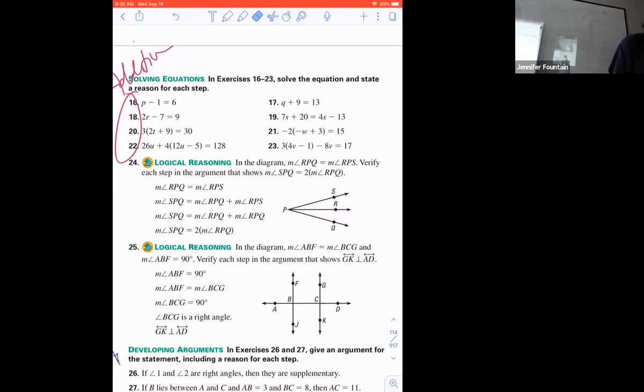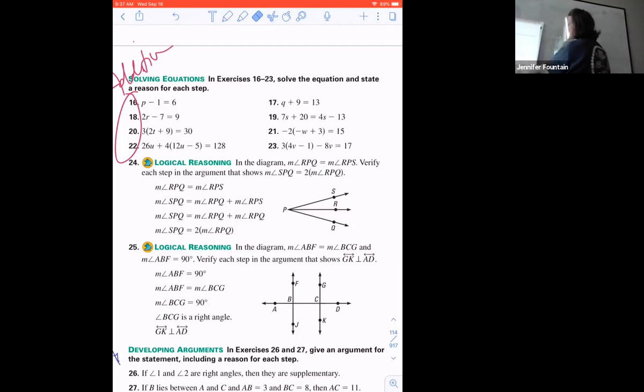All righty, so let's go back to that 24 logical reasoning. When we saw that RPQ is equal to RPS, we can tell that angle PR right here is what we would call a bisector. So this is an angle bisector.